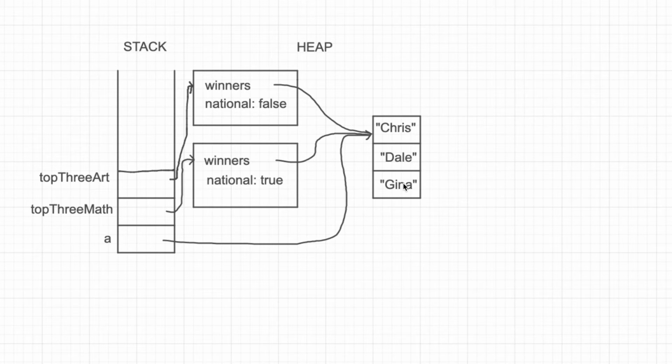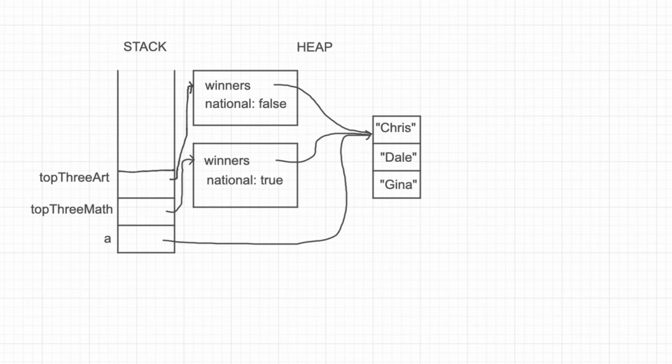But afterwards, when we went back and said, hey, let's print the top3 math winners again, top3 math would check what the winners are, and it would find here Chris, Dale, and Gina, because all 3 variables, winners from top3 art, winners from top3 math, and A, are referencing one and the same object, the array object that has been modified. That obviously didn't work too well, so what can be done about it?